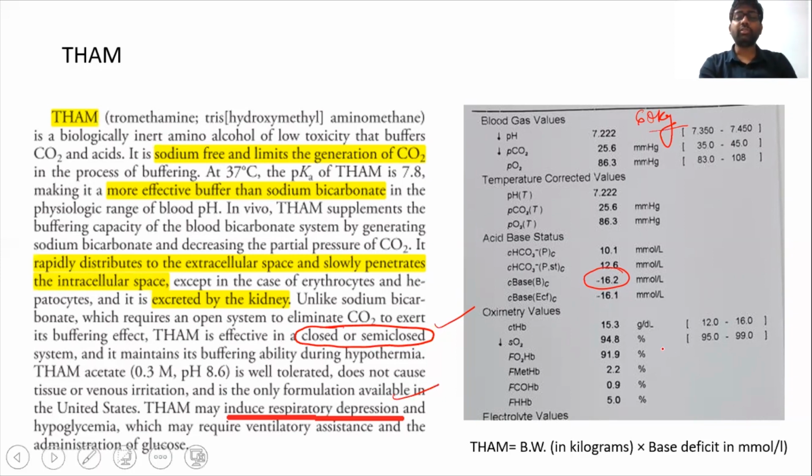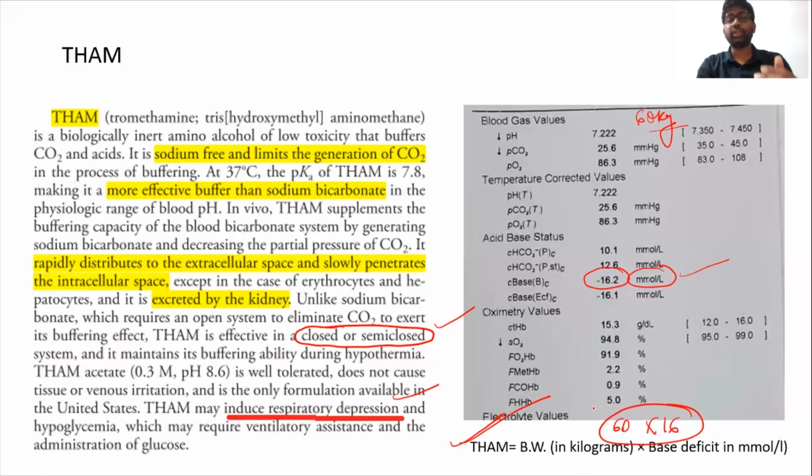That will be calculated by this formula, and this is a very important formula: body weight into base deficit, in millimoles. See, it's given in millimoles only. So if you get a 60 kg male patient with a base deficit of 16, then it will be simply 60 into 16. That's how you decide how many millimoles of THAM you have to give this patient. So this is a very important topic of discussion.